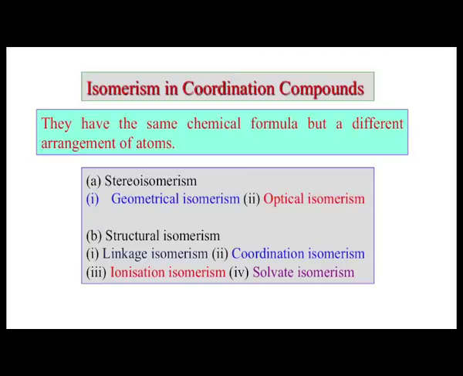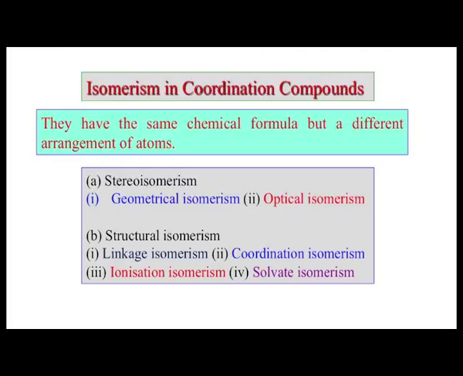Then coordination isomerism, where the coordination sphere is different. Depending upon the position around the metal ion, like cis and trans, that comes under geometrical isomerism. But coordination isomerism means something is coordinating and something is not coordinating, and that gives rise to coordination isomerism. You should not confuse stereoisomerism and structural isomerism.